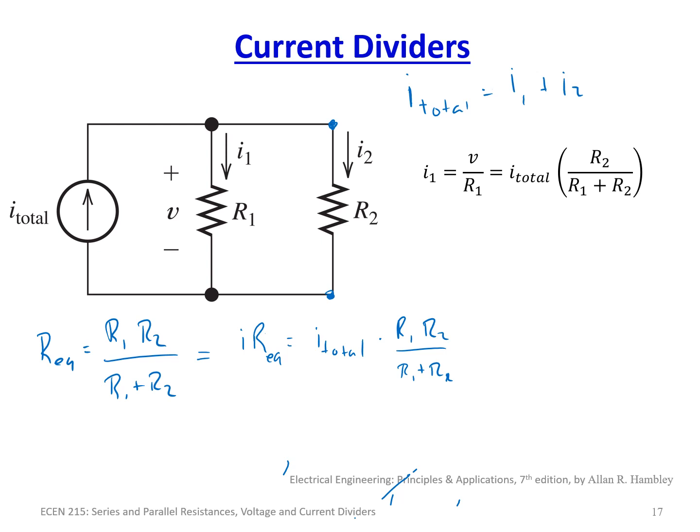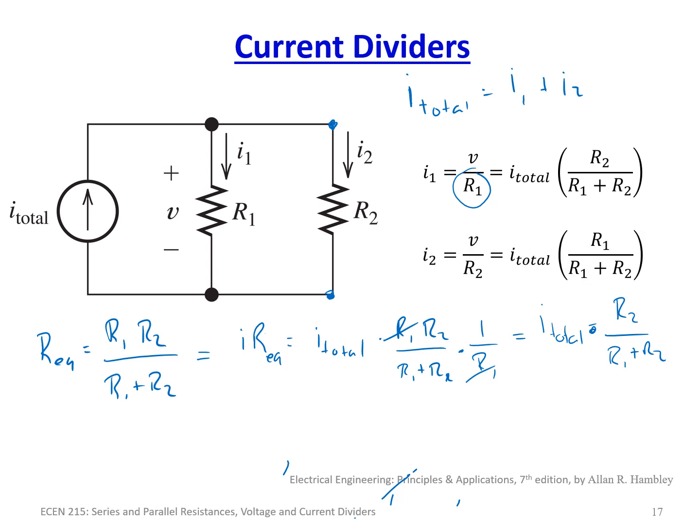Then we're going to take that and divide it by R1, and the R1s cancel out. And you end up with I1 equal to I total times R2 over R1 plus R2. That's how we get that.